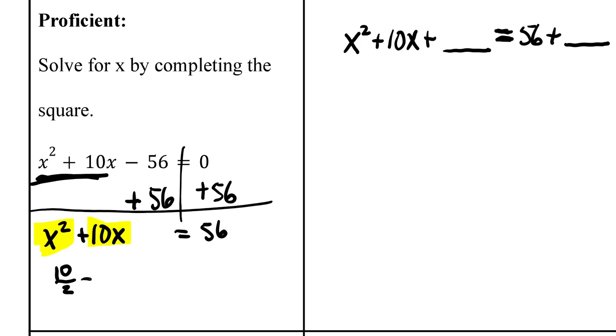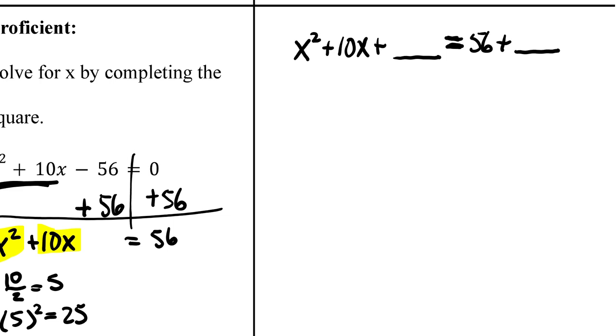That's the 5. And then we're going to take that 5, and we're going to square it. And there we get the 25. So what we're going to add, both here and here, is the 25. So we add 25 here and 25 here.